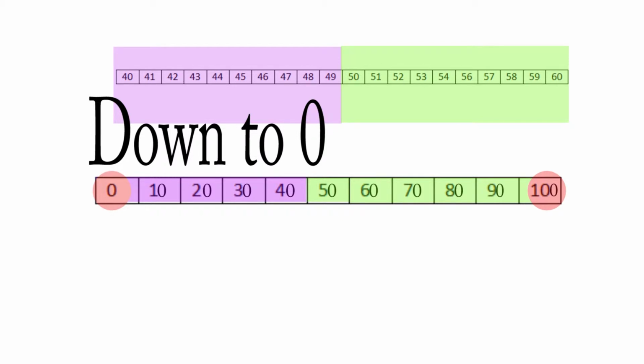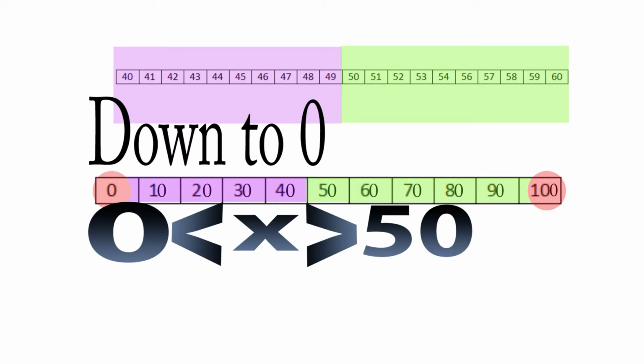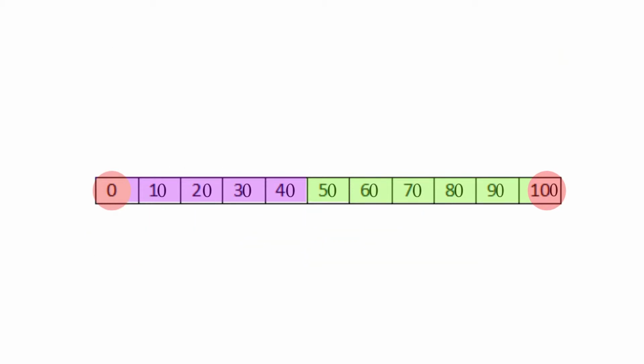So, any number that is 49 or smaller rounds down. Another way to say that is, if a number is between 0 and 50, that number will round down to the smaller multiple of 100.